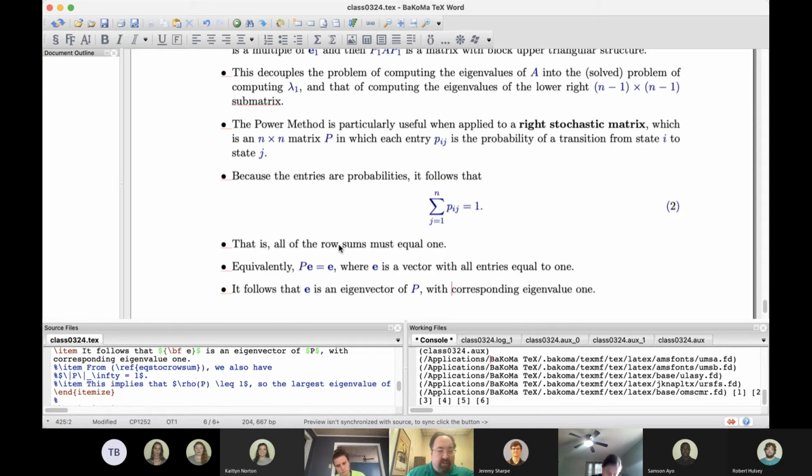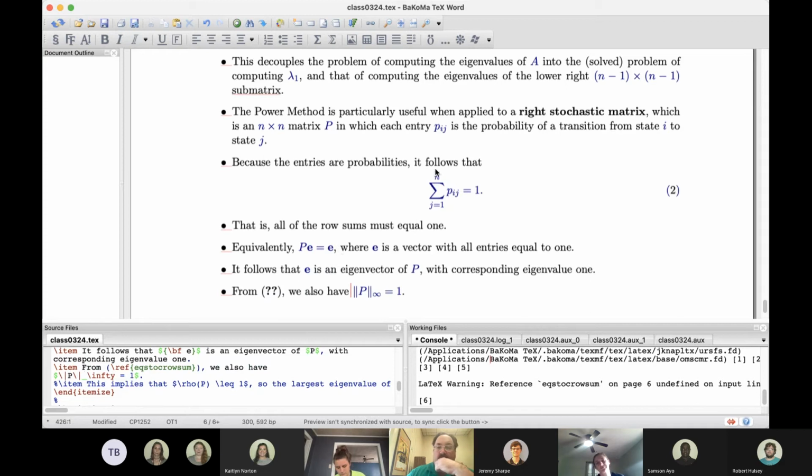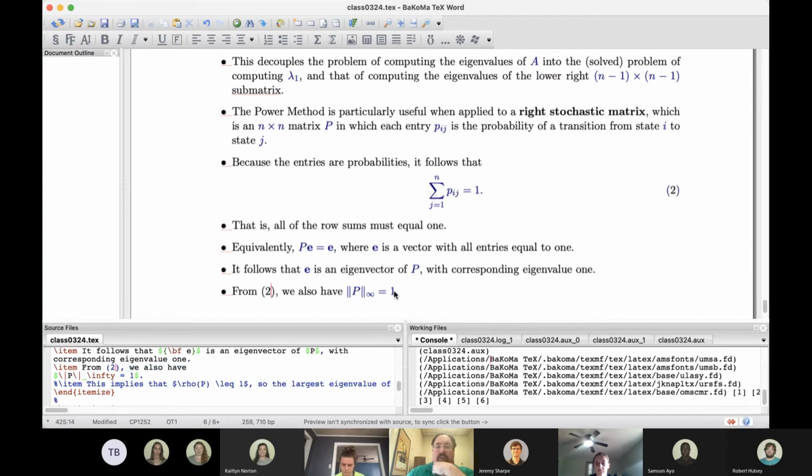What we can also say is that because all the row sums are 1, the infinity norm is 1, because the infinity norm of a matrix is the largest row sum. You take the absolute values of all the entries in each row and sum them up, then take the largest of those sums.